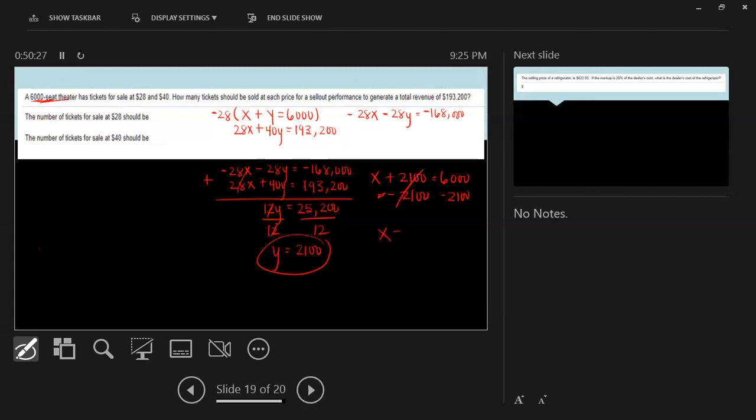Now, X is equal to, when you do 6,000 subtract 2,100, you get 3,900. All right. So now it says the number of tickets for sale at $28 should be, and don't forget I put the X with the 28, so that would be 3,900. And the number of tickets at $40 should be 2,100. All right. And that's how you would do an item similar to that one.